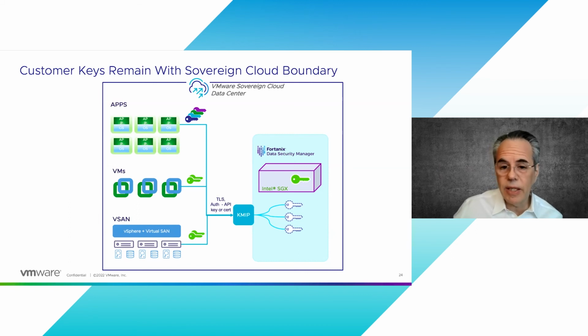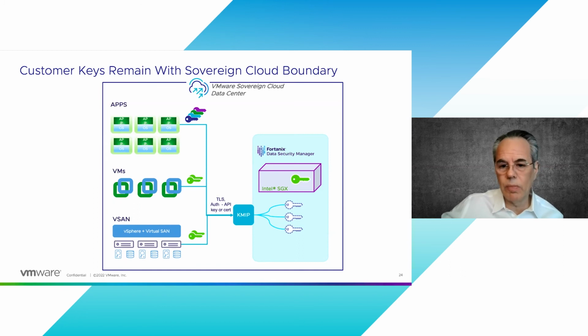So lastly, you say, well, that's great, but isn't the data actually visible if the machine is compromised when it's in use, right? Well, we're using a very unique technology here called confidential computing, and it's based on Intel SGX technology, which establishes a trusted execution environment within the processor, where data is completely encrypted as it's actually being processed.